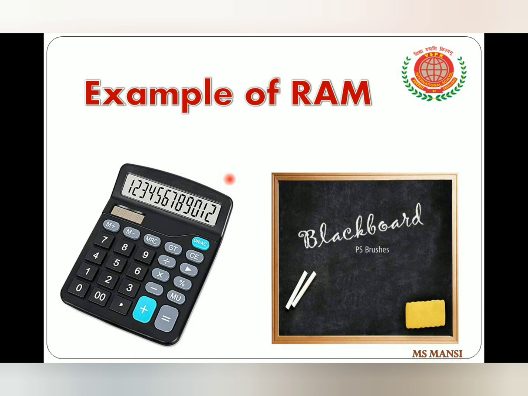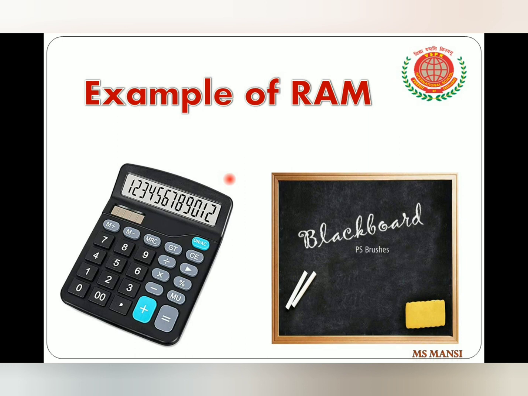What are the real life examples of RAM? Like in a calculator, if we are working on the calculator and I just press the on button, then the previous work will get lost. So this is an example of RAM. Next is the blackboard.